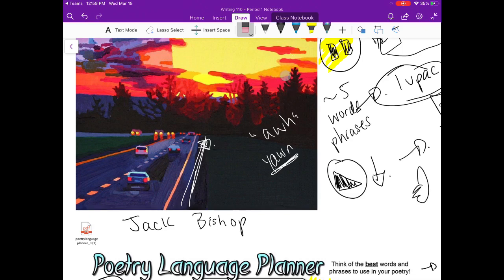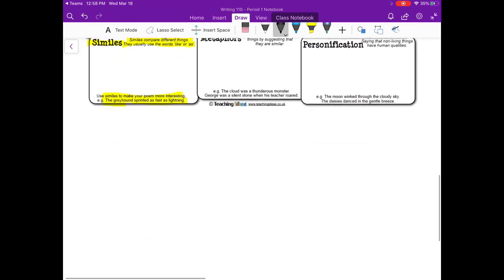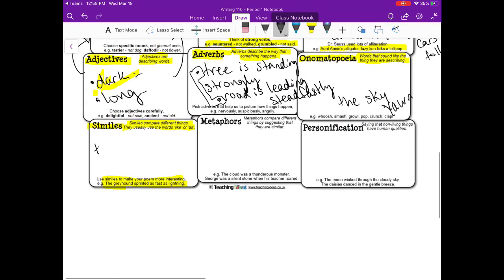The road went as straight as an arrow. Yep, that's what I'm doing. Okay. The road went as straight as an... I could write that neater.